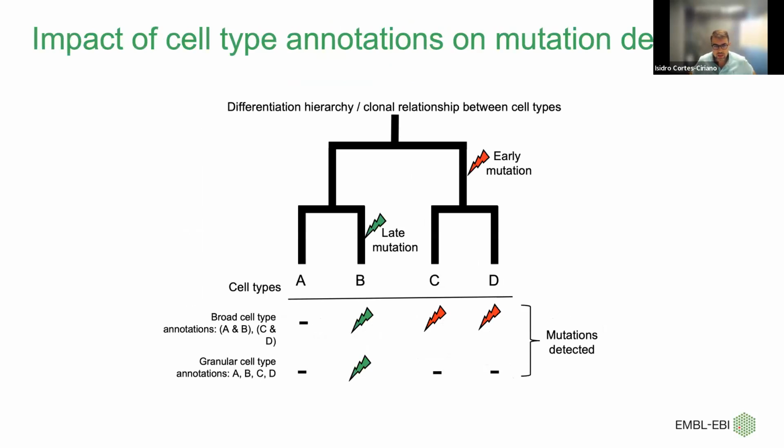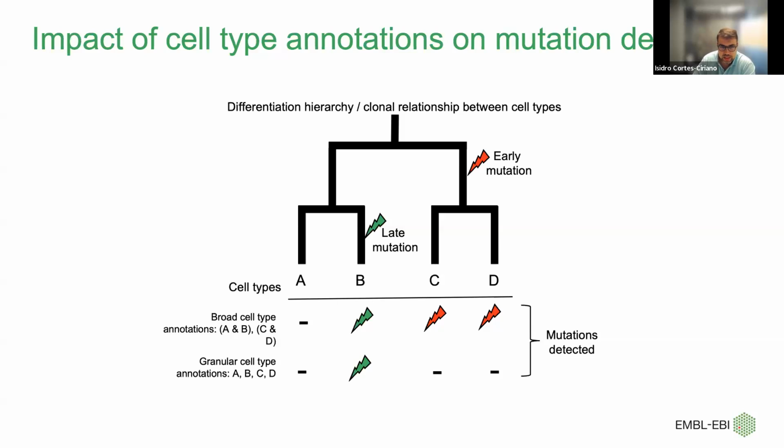Just very quickly, I'm going to discuss something that we've been asked about a lot over the last months, which is the question of how granular the cell type annotations need to be. I would start by saying that SComatic can be used very easily with different levels of granularity in these cell type annotations, so it can be adapted.